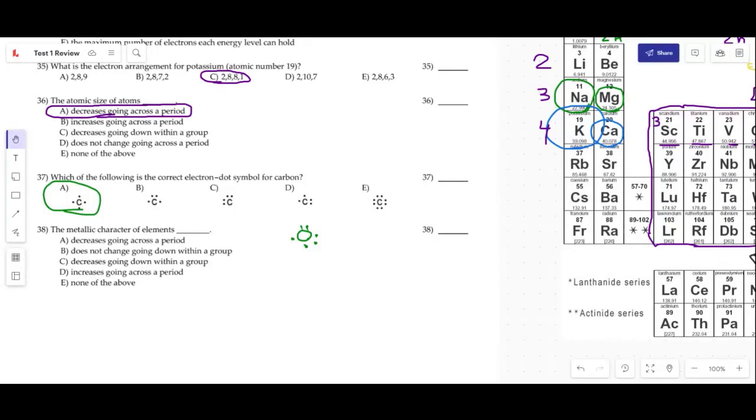A, yeah, good job, Heather. It's A. Decreases going across. It wouldn't be C because C says it decreases going down, but we know that it becomes more metallic going down. Does that make sense?